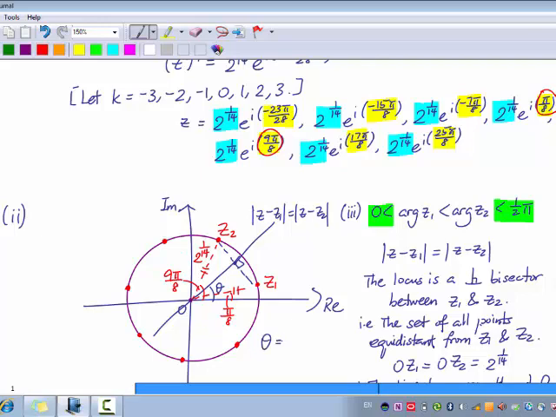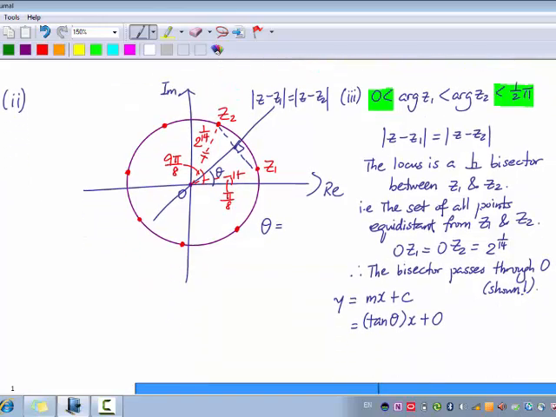Theta is halfway in between these two angles. Therefore, theta is the mean of the two angles. And therefore, we have y equal to tangent 5 pi over 8 x.